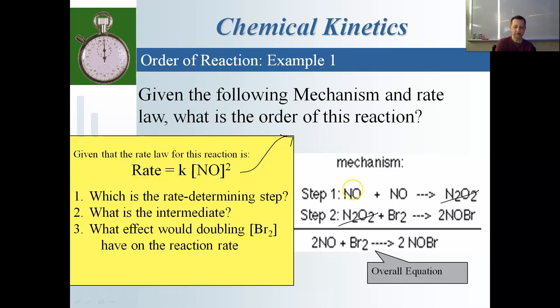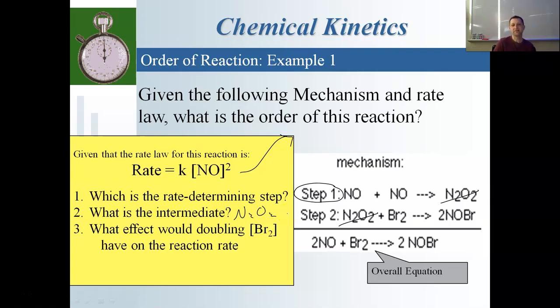If you wrote the rate law for step 1 of that reaction mechanism, you would have this, rate equals k times NO squared. So which is the rate determining step? It is step 1. Okay. Question number 2, what's the intermediate? We just defined that on a previous slide. An intermediate is produced and then used up. So the intermediate is going to be N2O2.